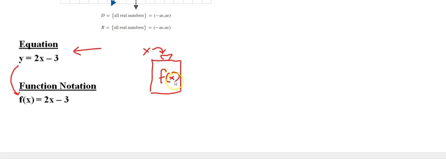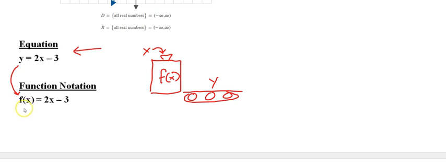This thing starts to do its thing, and it's going to pump me out, on a little conveyor belt, a y value. So if I put in a coordinate point x, like say 2, it's going to give me my y value. That's all this is trying to say.